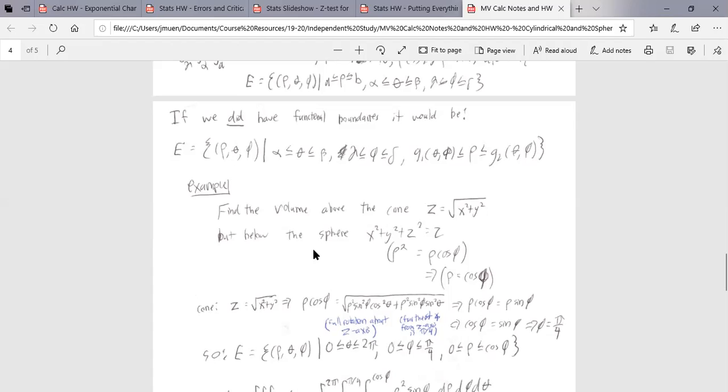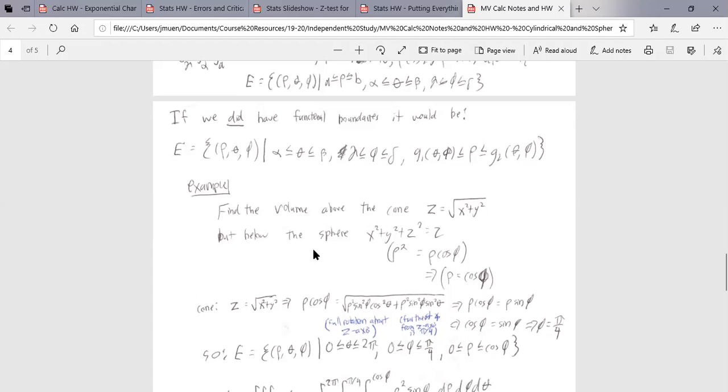But as a rough picture, the cone z equals the square root of x squared plus y squared is a cone with its point on the origin and extending upward, going out at an angle of pi over 4, or 45 degrees. Then there's the sphere x squared plus y squared plus z squared equals z.